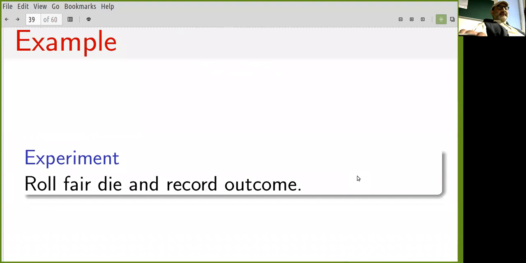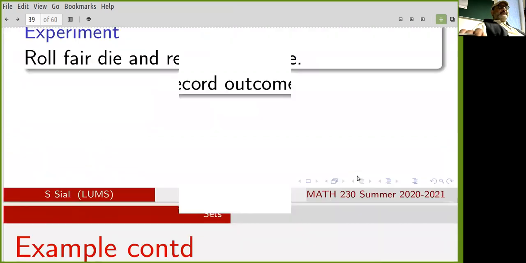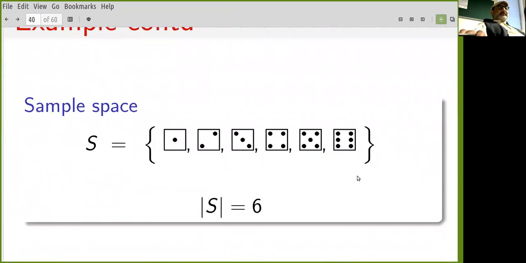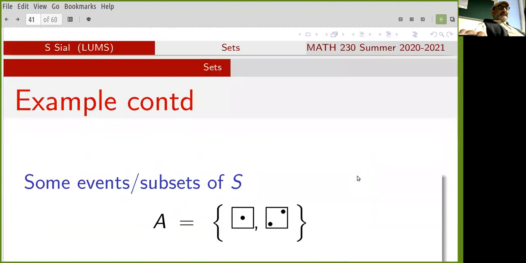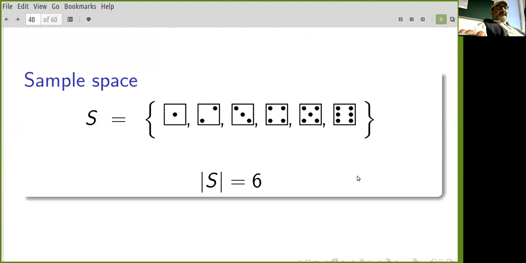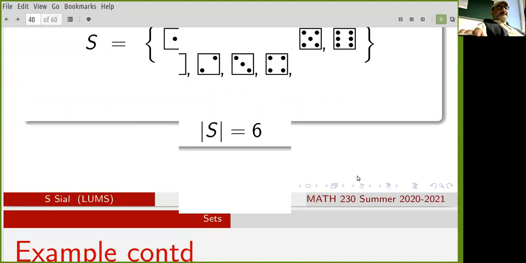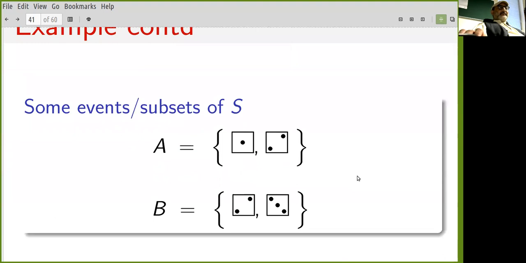So let's go back to the experiment that we had. Roll a fair 6-sided die and record the outcome. So what was the sample space? We already saw this. This was a sample space, and it had a cardinality of 6. Some events associated with S, these are the subsets of S. One event could be that you rolled a 1 or a 2.